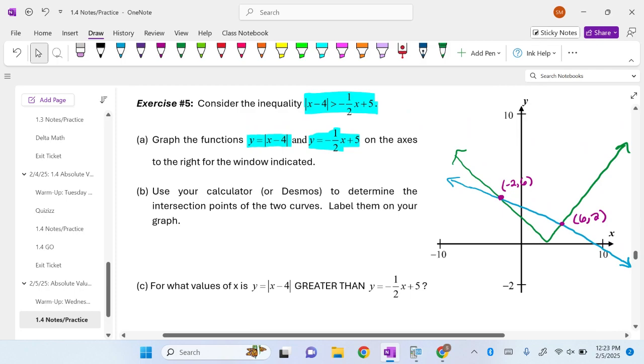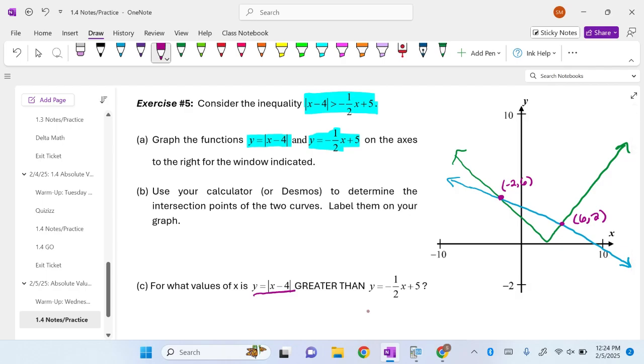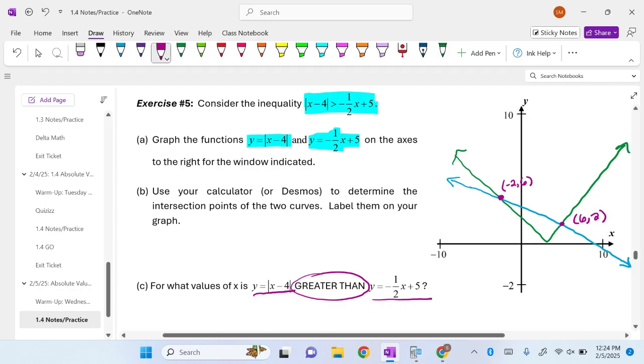Now, who recalls how you represent inequalities on graphs? When you're graphing an inequality, not only do you graph the line, you also have to do what? Graph the shading, right? You've got to shade. So we're saying that the absolute value of x minus 4 is greater than negative 1 half x plus 5.